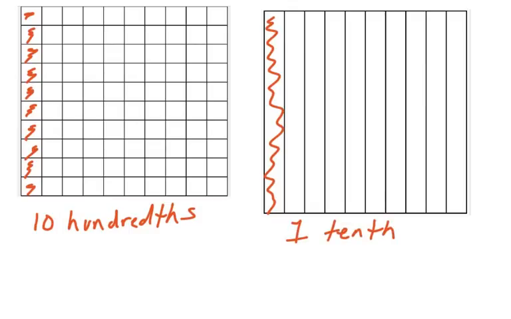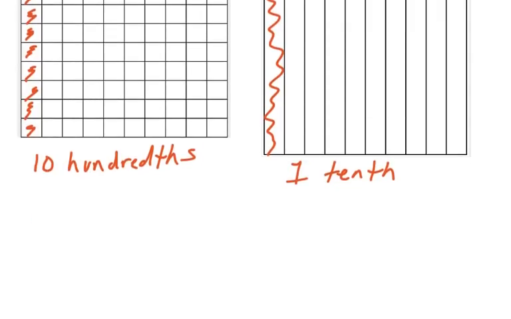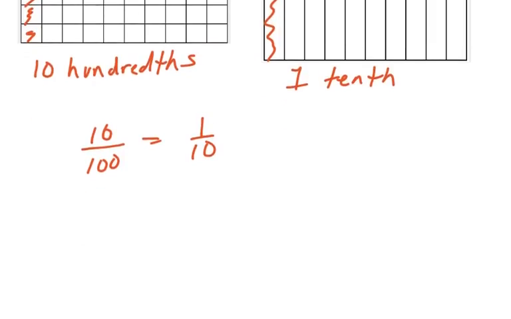One of the things that y'all have had the opportunity to discover is that 10 hundredths, written as a fraction, is equivalent to 1/10. And even if we write it as a decimal, it's the same as 0.01.